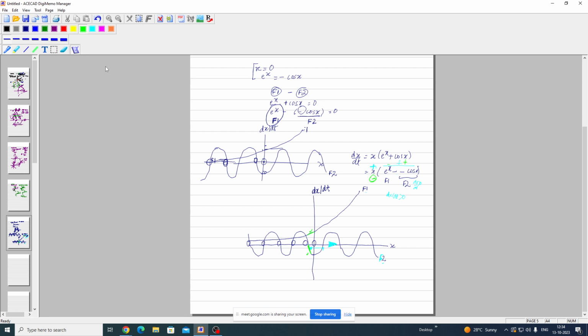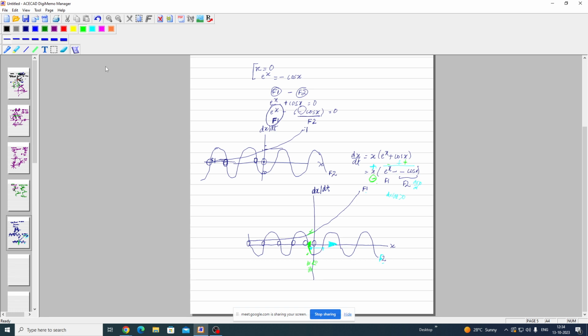So now we have a situation where minus times plus is equal to minus. So here dx/dt is less than 0. So the flow is going to be towards the left side. Some of you already know this means x equal to 0 is an unstable fixed point.